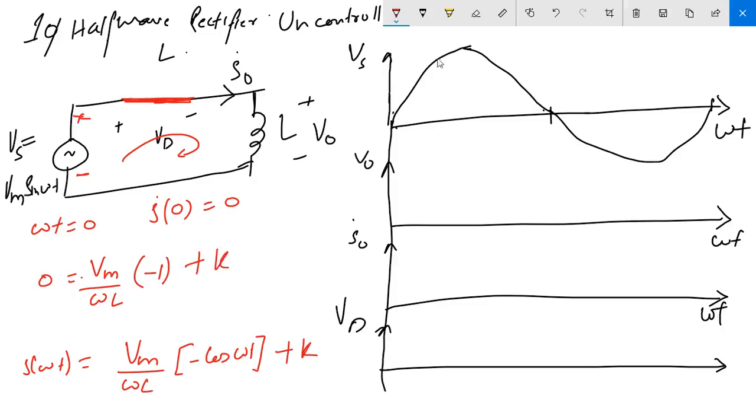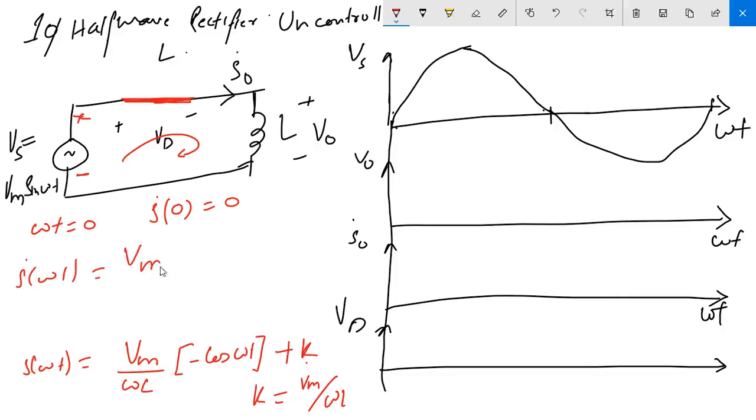So k is equal to Vm by omega L by the initial condition. So the equation is I of omega t equals Vm by omega L, taking it common, times 1 minus cos omega t.